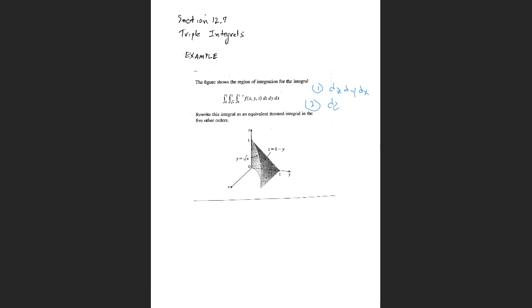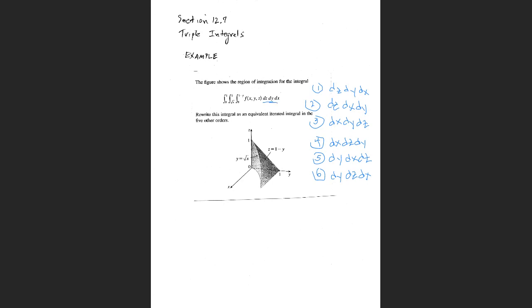You have dz, dx, dy. You have dx, dy, dz. You have dx, dz, dy. You have dy, dx, dz. You have dy, dz, dx.